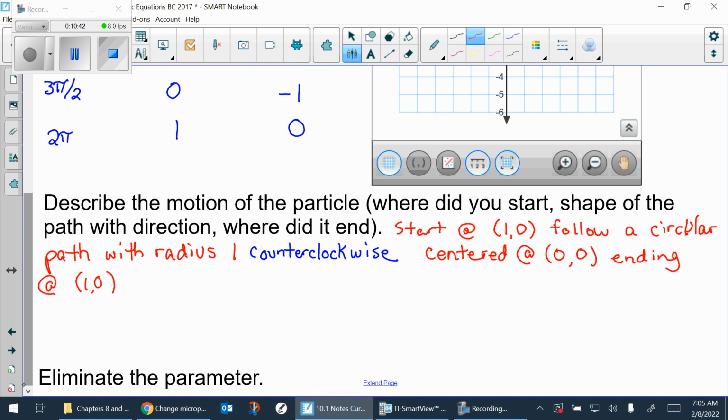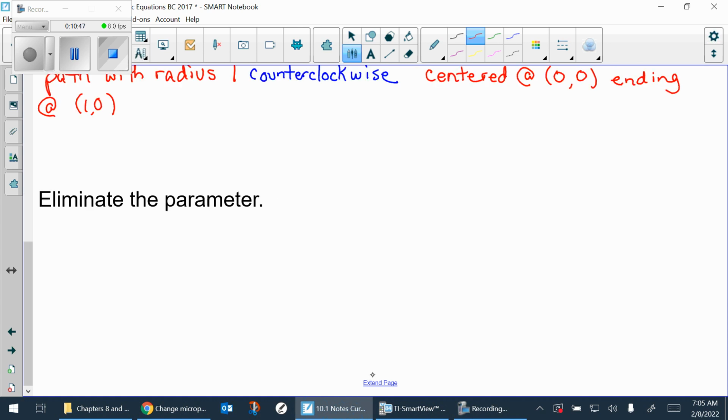Now, if we were to eliminate the parameter, eliminating the parameter when you have x is equal to, and I think this was cosine of t, y equals sine of t. I think what I would do is whenever sine and cosine are involved, there's a trig identity that we're aware of.